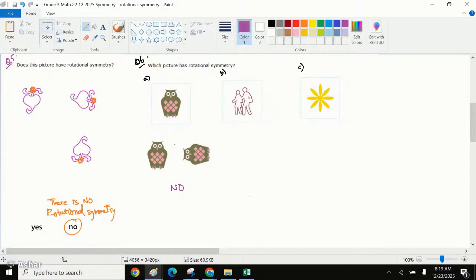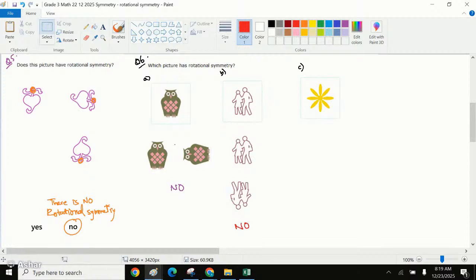What about two people walking? There's a shorter person in front of the taller person, right? But if we rotate them in any direction or maybe upside down, do these shapes look exactly the same? No, they do not, right?